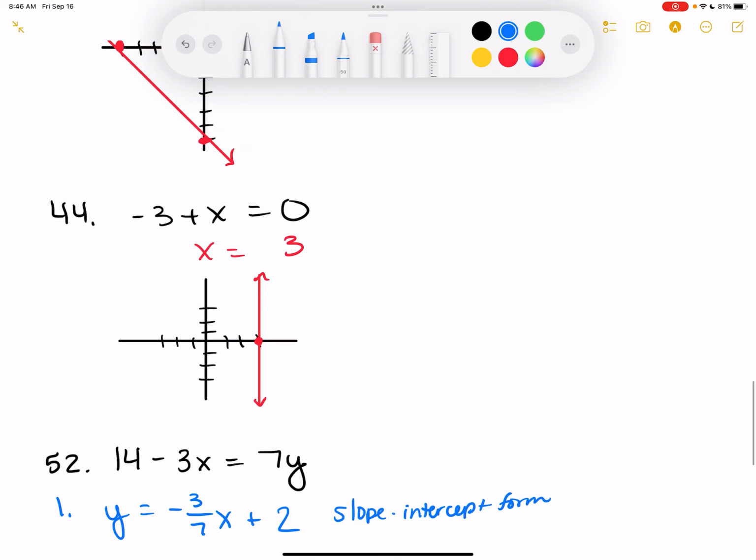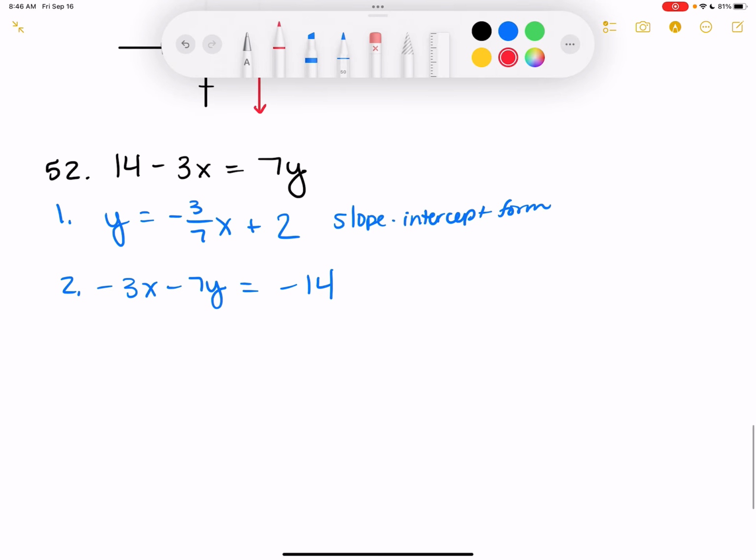All right, so what are my intercepts then with the cover-up method? The y is 2. And the, oh, wait, x first, sorry. You're good. It doesn't matter. X is 14 thirds. 14 over 3. Now, normally I say just leave things as improper fractions, but to graph it, it's going to be easier to make it a mixed number probably. So what would this be as a mixed number? 4 2/3. 4 2/3.